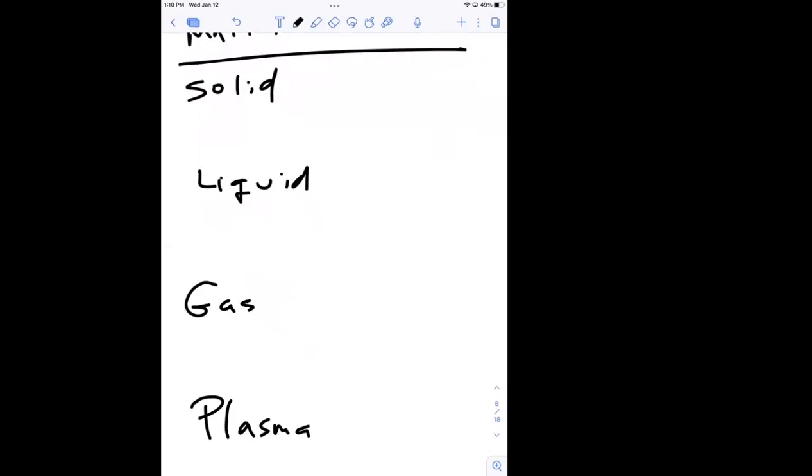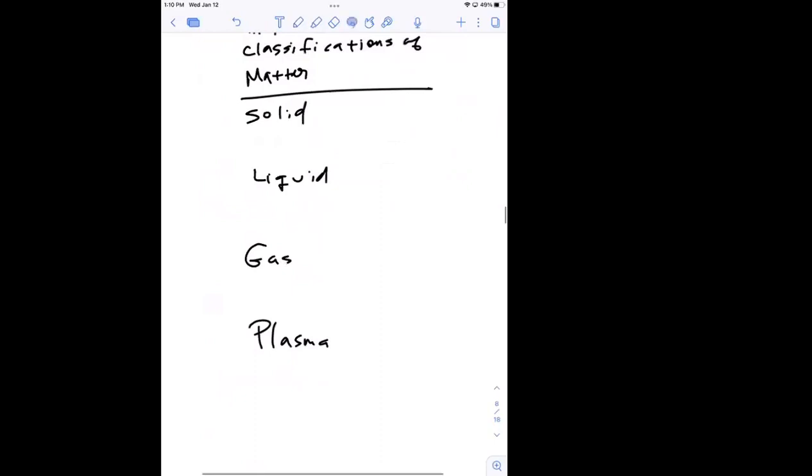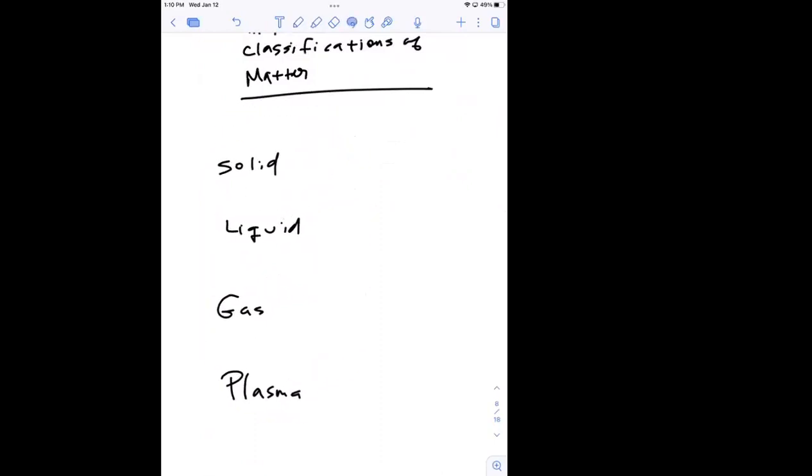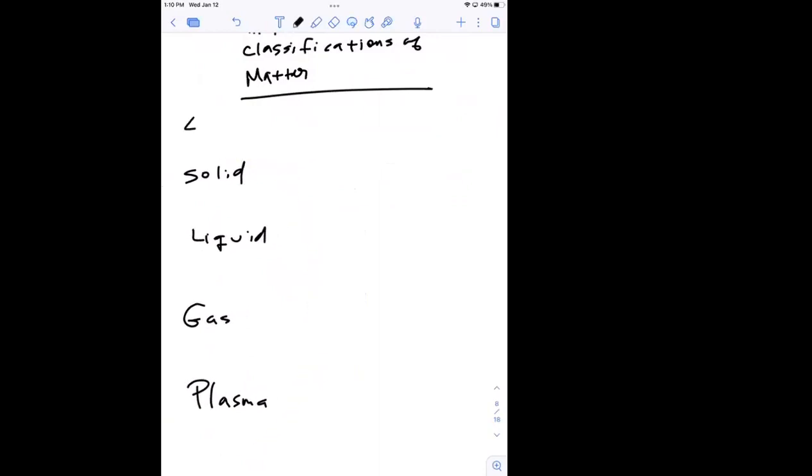All right. So let me move this down because I need to put at least a header up here. That's the beauty of the iPad. So 4 phases of matter: solid, liquid, gas, plasma.